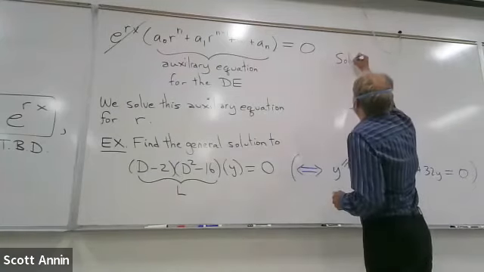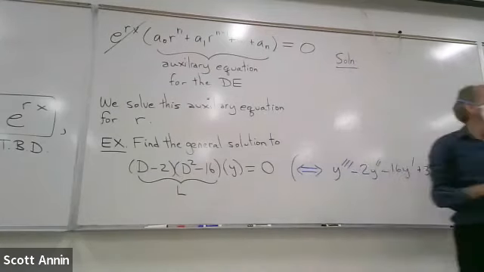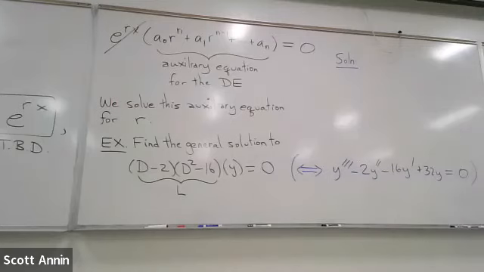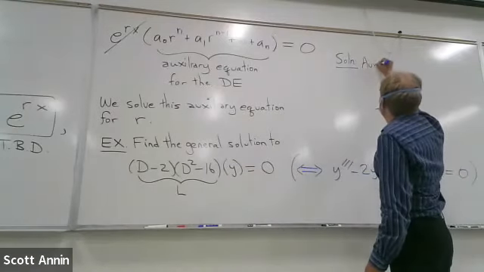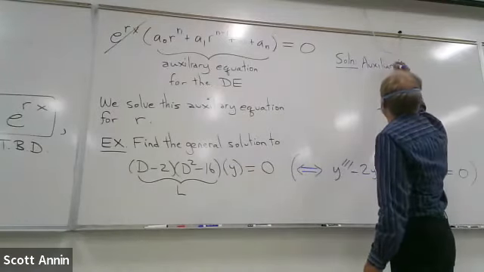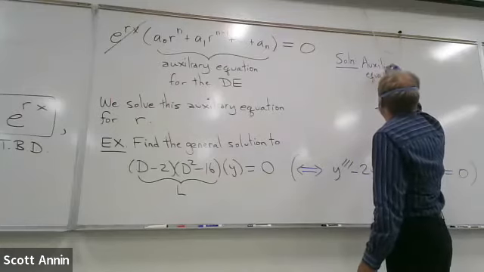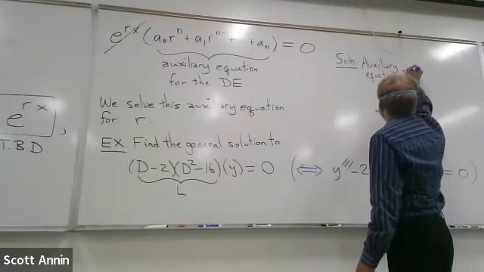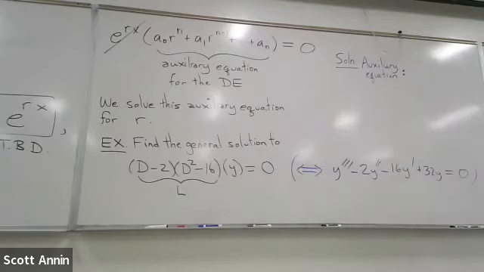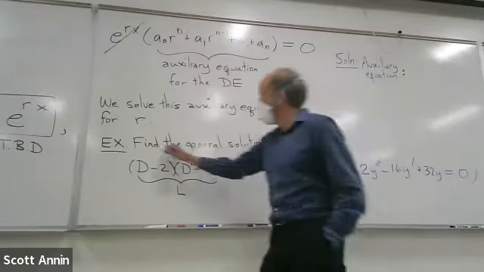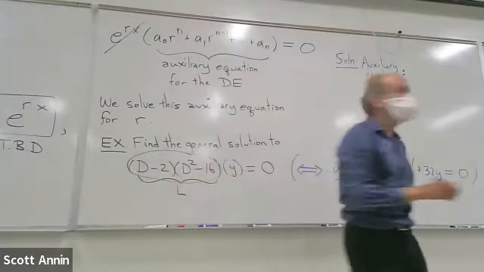Let's keep track of how much blue I have to write down to solve this problem, because it is not a lot. First thing I'm going to do is write down my auxiliary equation. Remember what that means? That just means I change all of the D's to R's. All of the D's get turned into R's.